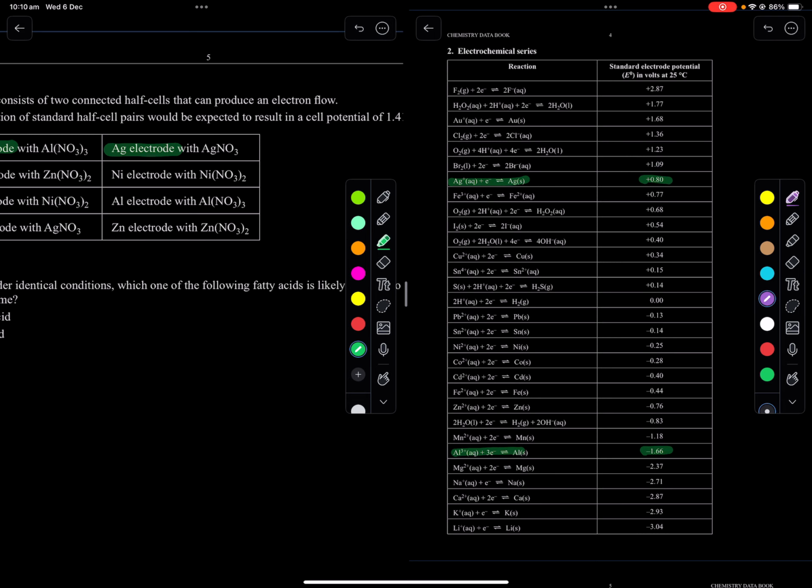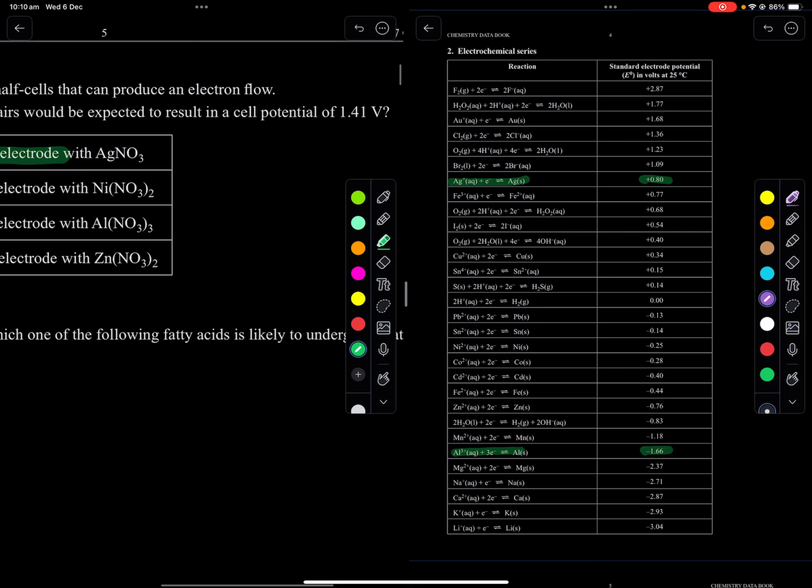So in this case, what is 0.8 minus negative 1.66? That gives me 2.46. So this pair will give me 2.46 volts, and that's not what we want. We want 1.41. Let's try the next case.